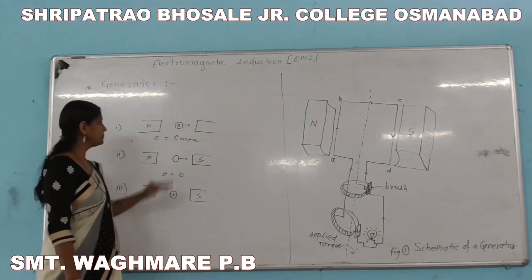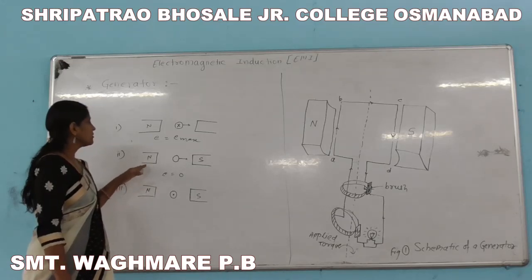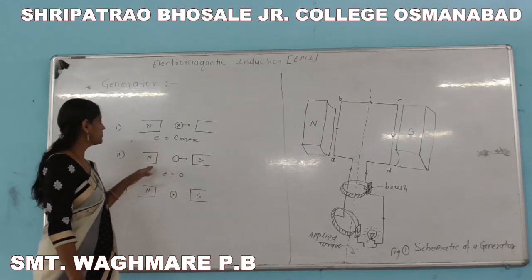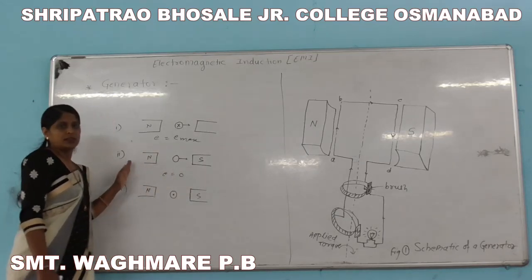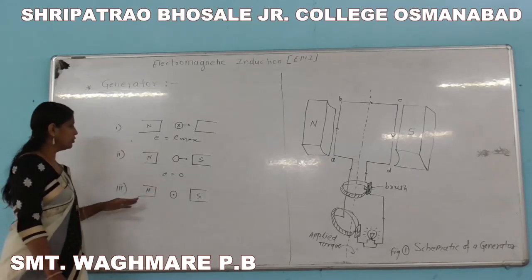EMF will be maximum, and when the surface of the coil is parallel to the magnetic field, then the EMF will be equal to 0.